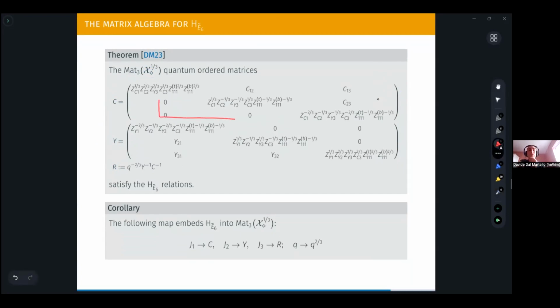The case of C is, you see, upper triangular. The case of Y is lower triangular. And each entry is a certain polynomial in these variables. And they do satisfy the relations, so they give us the desired representation for the algebra, and in particular, the assignment goes as I introduced before. So C stays for the generator J1, Y for the generator J2, R for the generator J3.